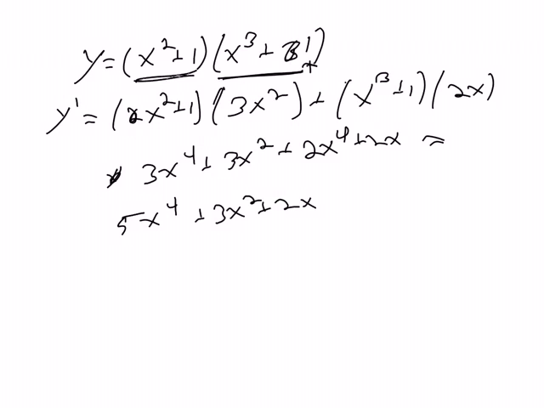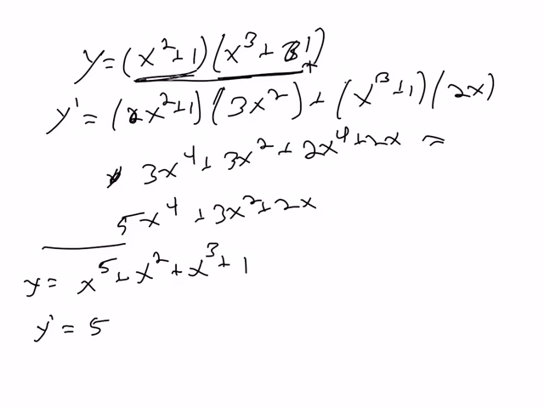And I can already pretty much see that our answers are probably going to agree, because, okay, let's multiply everything. So when we multiply this, we get x to the fifth plus x squared plus x to the third plus 1. And now y is equal to this, so now y prime is equal to 5x to the fourth plus 3x squared plus 2x, and the 1 vanishes, so that's that, that is that, so we're done.